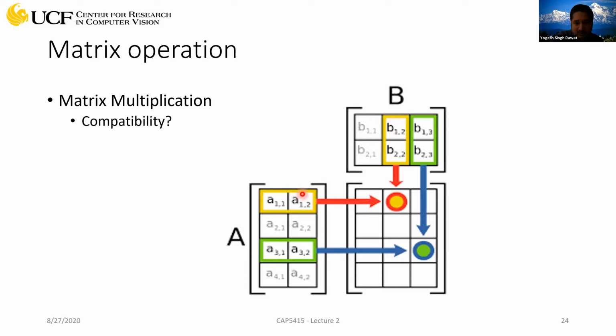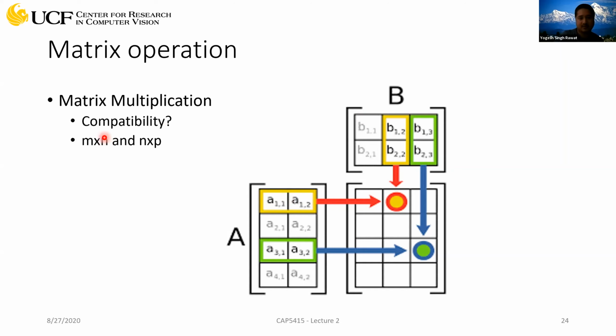Since you are doing element-wise multiplication of rows of this matrix with columns of this matrix, the number of elements in the rows should be the same as the number of elements in the column. This means the number of columns in this matrix should be equal to the number of rows in this matrix. Then we say that these two matrices are compatible for multiplication.